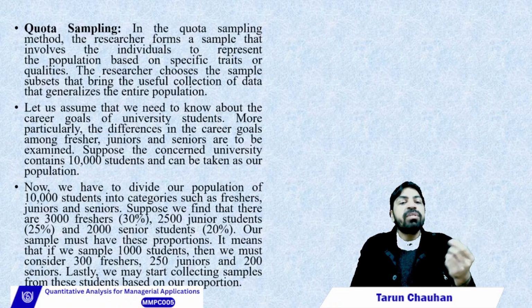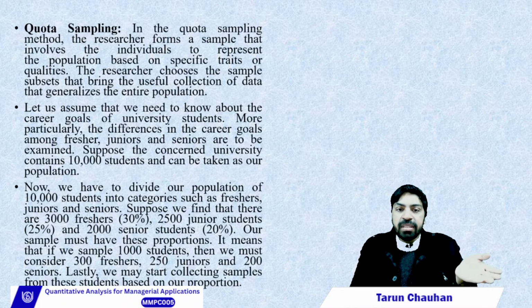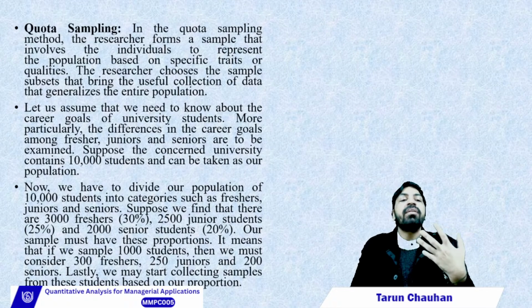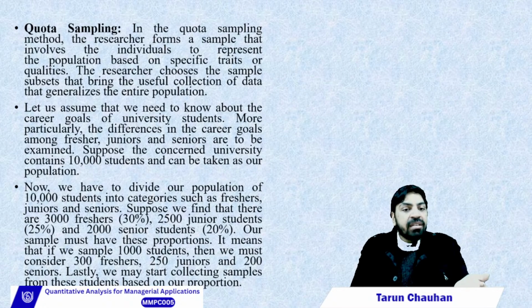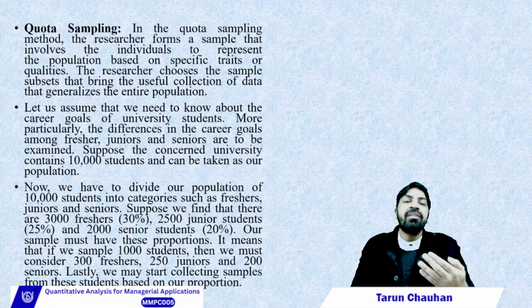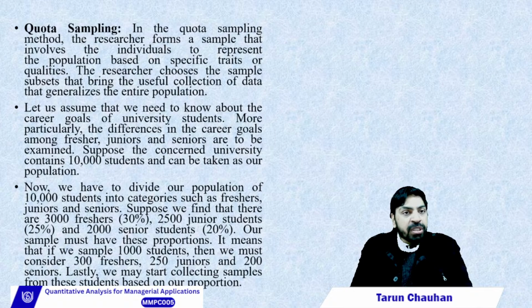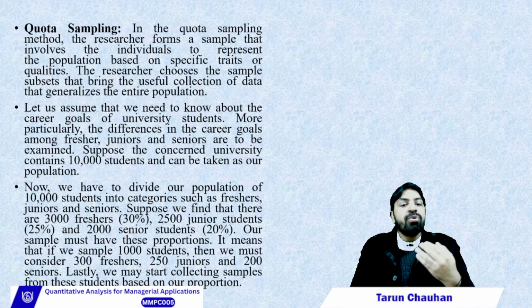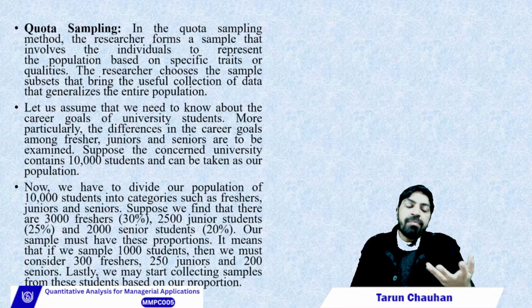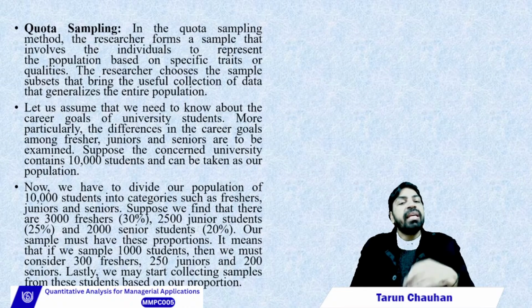Suppose the concerned university has 10,000 students, and that is the population. The researcher divides that population into various categories, decides the proportions, and collects the data according to those proportions. That is called quota sampling. Let's begin an example to understand quota sampling.